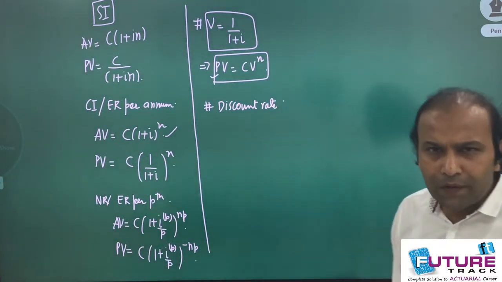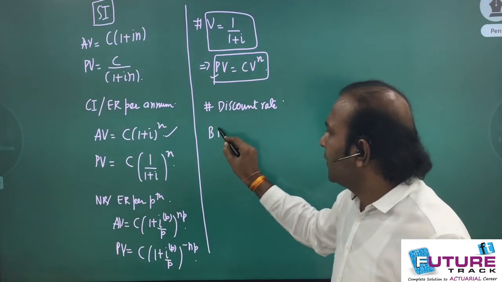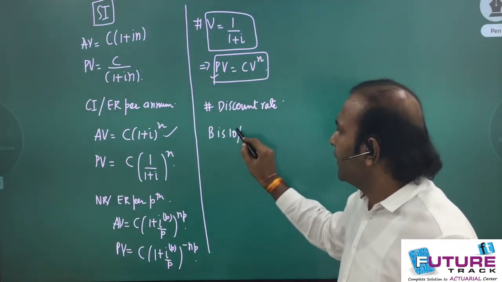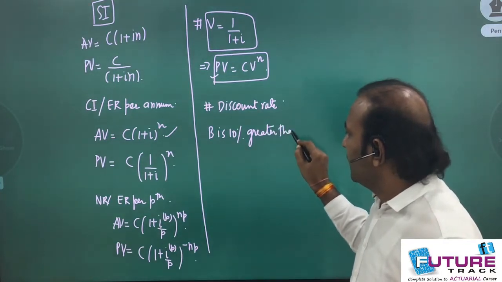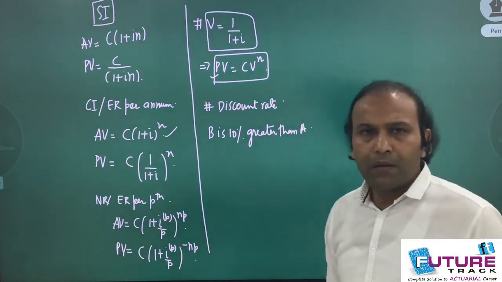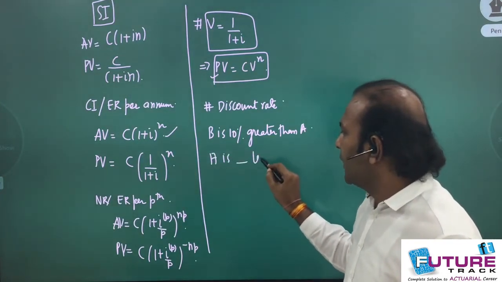Now class, before we start discount rate, a very simple question. If I say B is 10% greater than A, then by how much is A less than B?